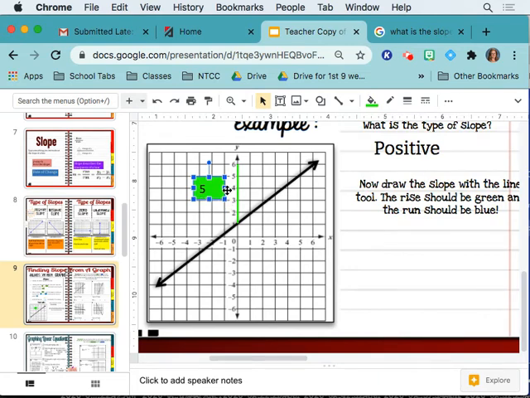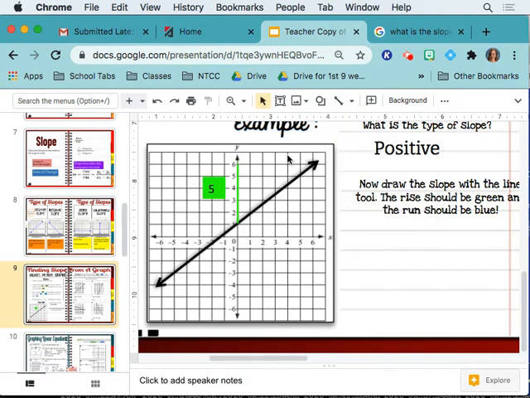So rise 5. And now we are going to make another line for our run.